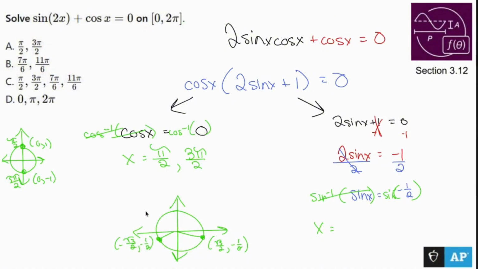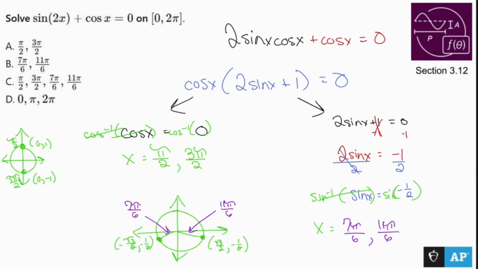Those angle measurements are 7 pi over 6 and 11 pi over 6. So x is going to equal, in this case, 7 pi over 6 and 11 pi over 6.